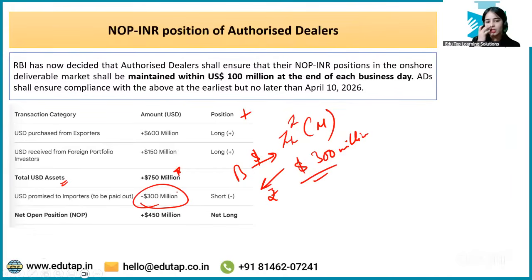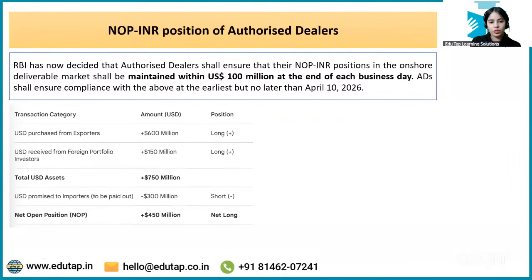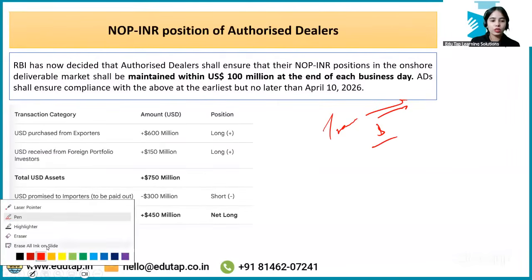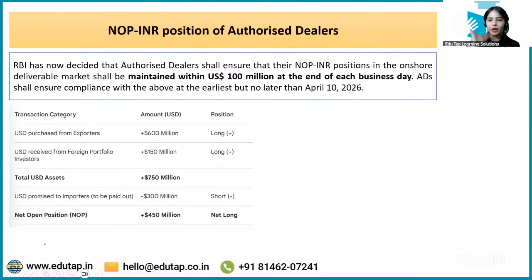So $300 million has been paid to the importer or for travel. Let's say the people wanted to travel to other countries, so they have taken the dollars. So for your import or for your travel, you have taken the dollars. So this is the sale of dollars. That is a short position, deducting the amount from the bank. What is the net open position?